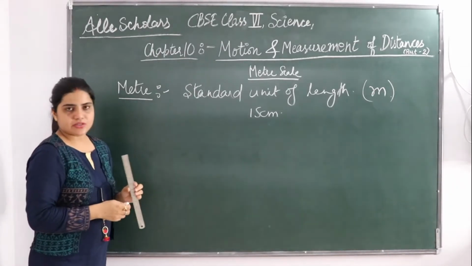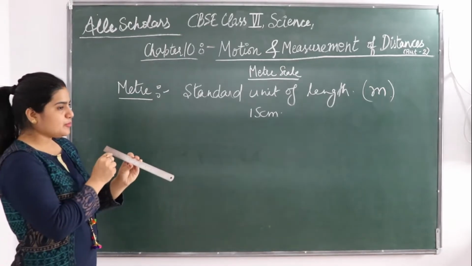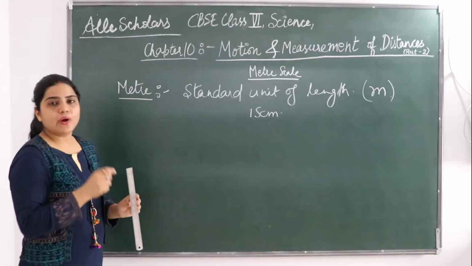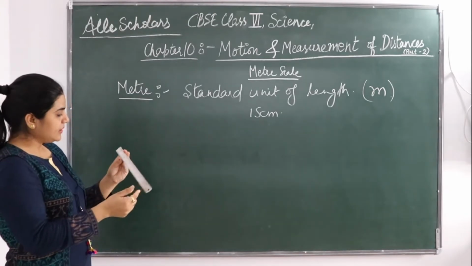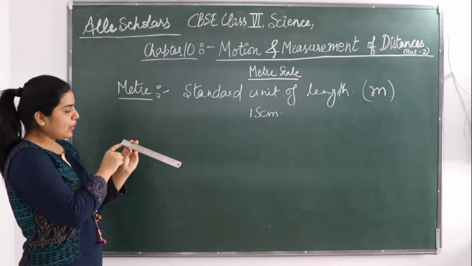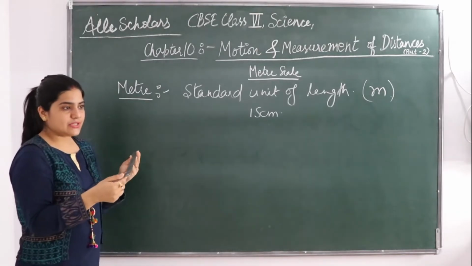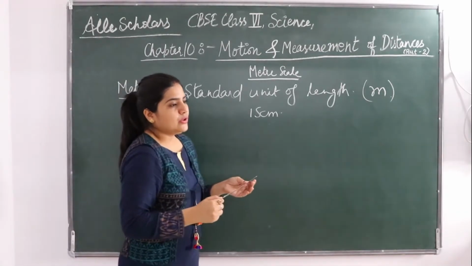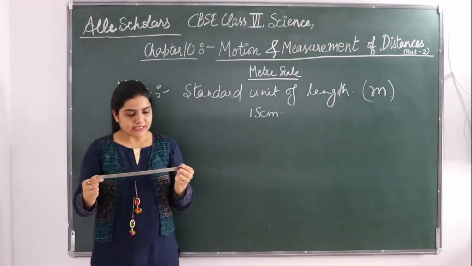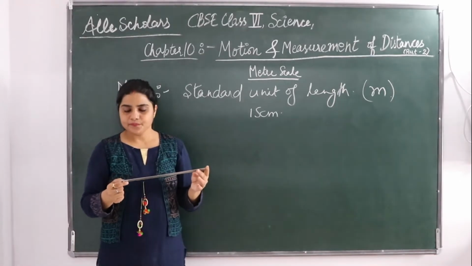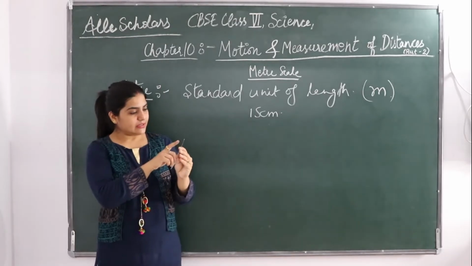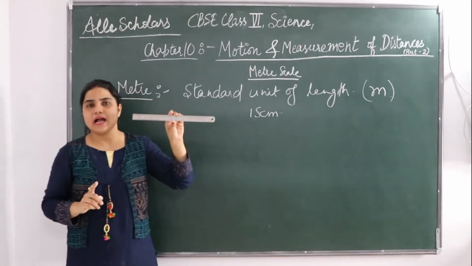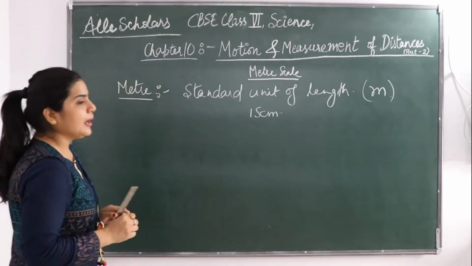30 centimeters. Now each meter is divided into 100 equal divisions. If you see 1 meter, it is divided into 100 equal divisions, and that is called a centimeter.